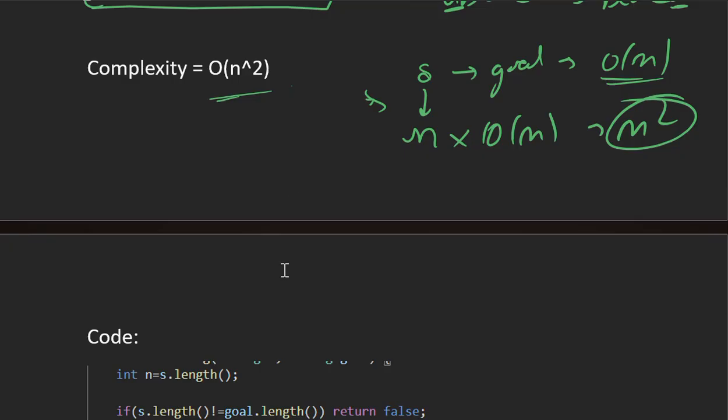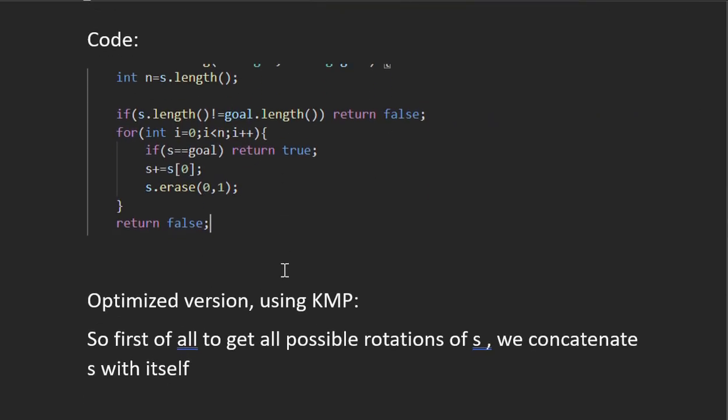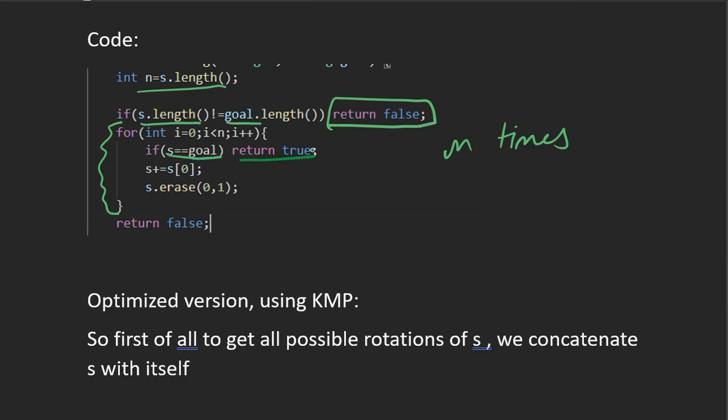So let's move to the code part of the brute force approach. We have taken the string length, then we compare whether string s and goal have the same length or not. If they do not have the same length, then we directly return false, right? Then we do it n times: we compare the string s with the goal, and if they are the same, then we return true.